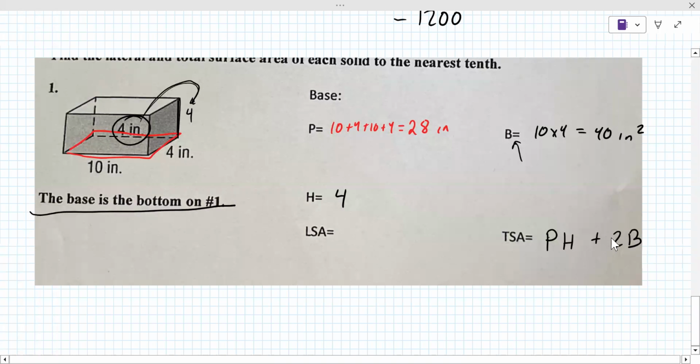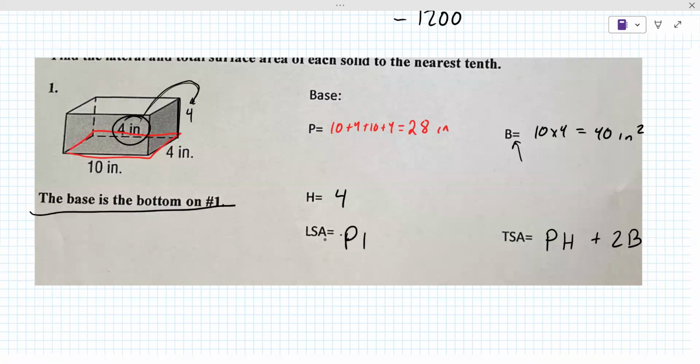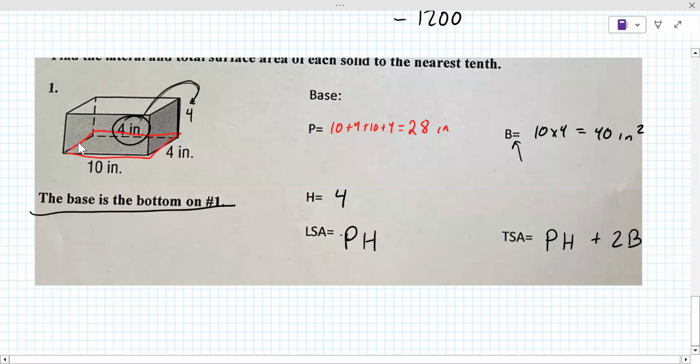If I were in charge, I would never allow you to use this formula because it's very unclear, but it does work. The lateral surface area is just the P times H part of it. And the reason is 2 times B is the base on the bottom and the base on the top. That's the part that's excluded from the lateral surface area. The lateral surface area is just like what you would paint. You can imagine painting around the 4 walls on the side. Imagine you're not painting the ceiling or the floor.